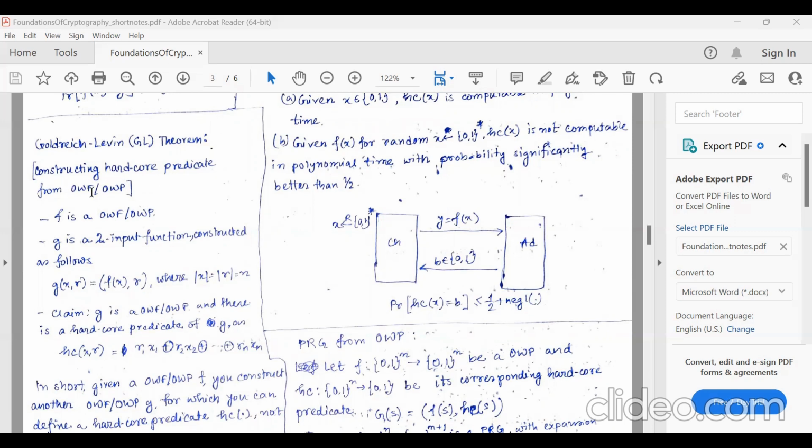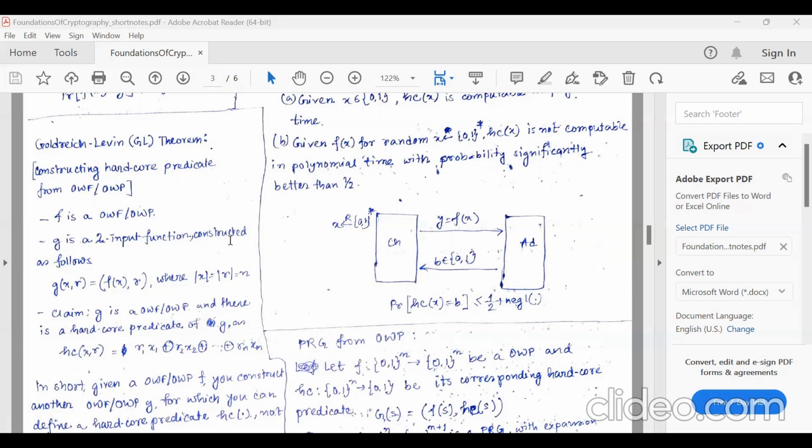For any OWF, it does not propose a hardcore predicate for that OWF only. Rather, given f, which is an OWF or OWP, one-way function or one-way permutation, it first constructs another function g, which is also an OWF, provided f is an OWF. So how is g constructed?